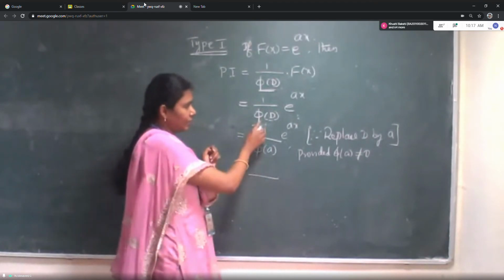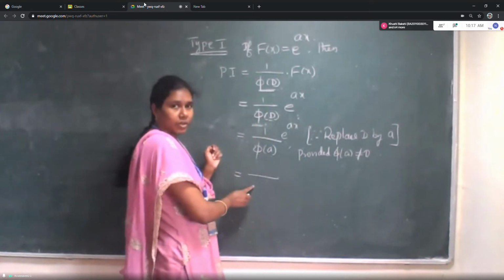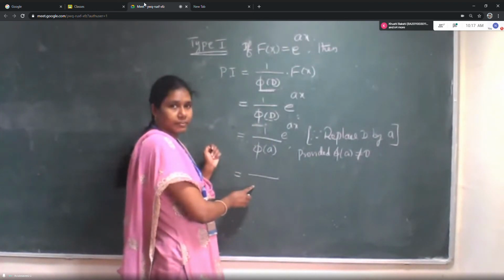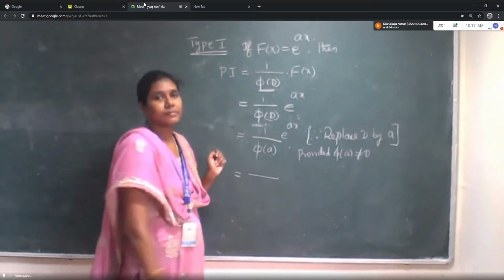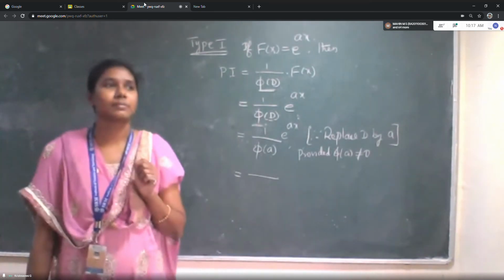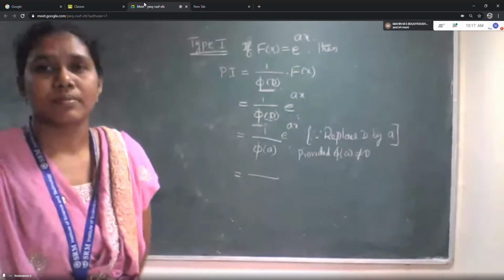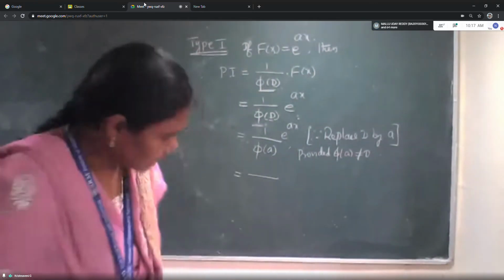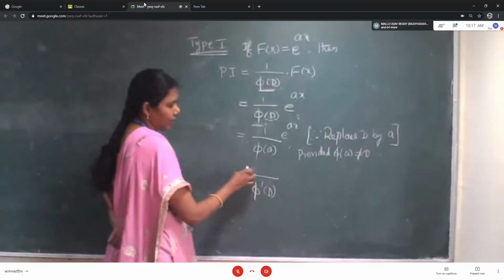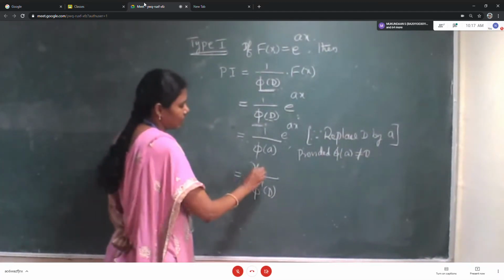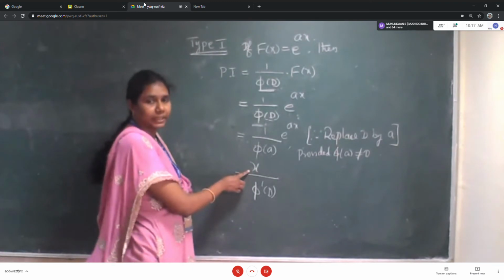Here phi of D is there. What is the differentiation with respect to D? Phi dash of D. And also, you multiply 1 x in the numerator.